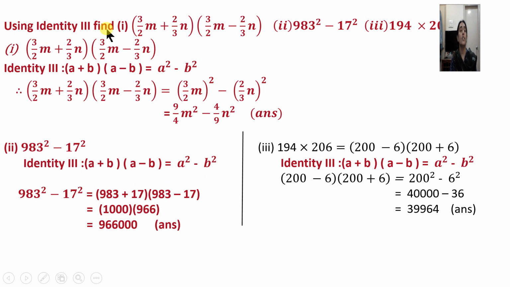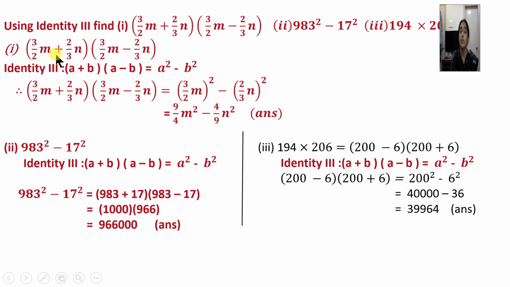Now let's see application of identity 3. Using identity 3, find 3 upon 2m plus 2 upon 3n into 3 upon 2m minus 2 upon 3n, and another one. So let's take the first one first. Then we will think about the second and the third. Here you can see that both the terms are same, but there is a difference in the sign.